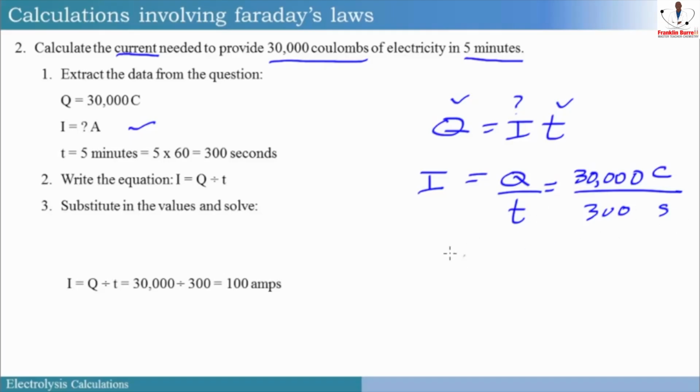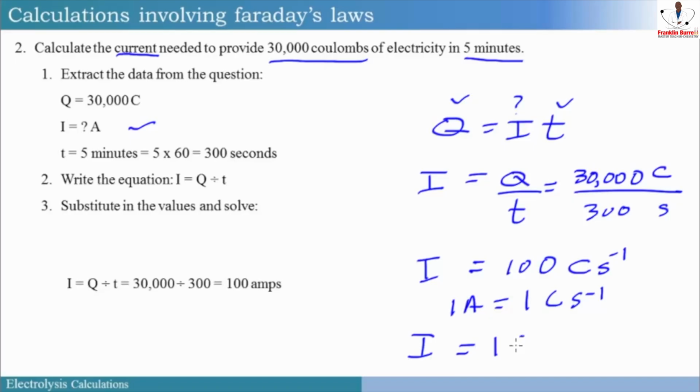And so in calculating 30,000 divided by 300, we get 100 coulombs per second. And you should know that 1 ampere is the same thing as 1 coulomb per second. So our current here is equal to 100 amperes. And this is our answer. So we simply rearrange our formula Q equal IT to calculate the unknown.